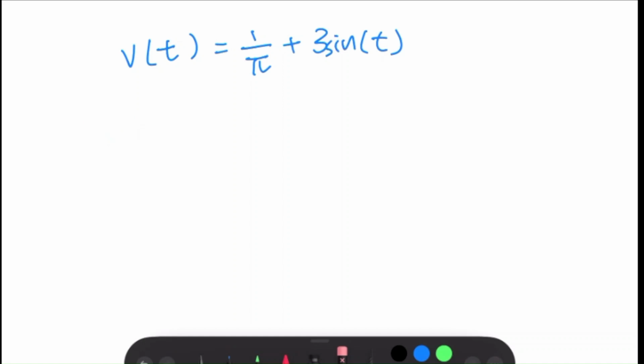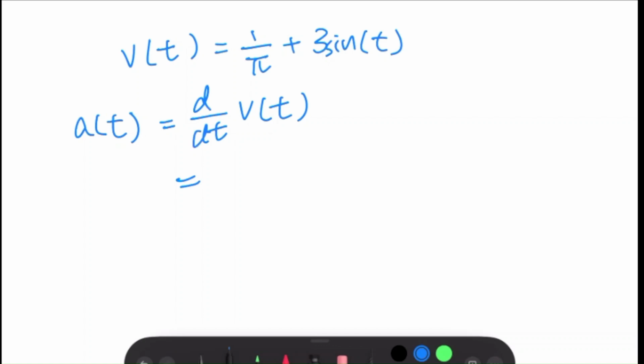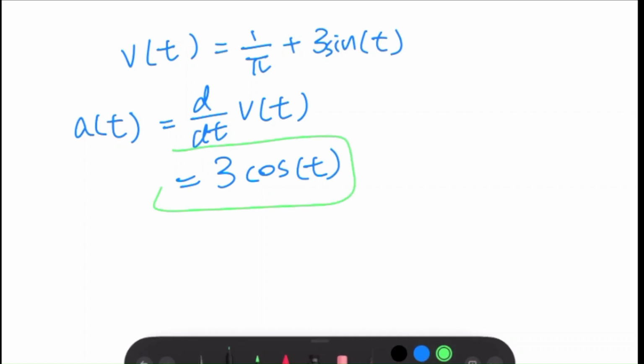Actually, let's start with the acceleration so that we start with the easier one. So we end up with 3 cos t, and that's basically it. We're done. Acceleration, heyo.